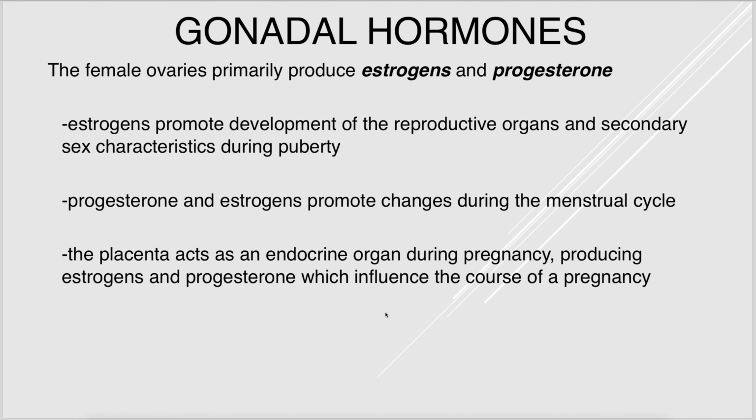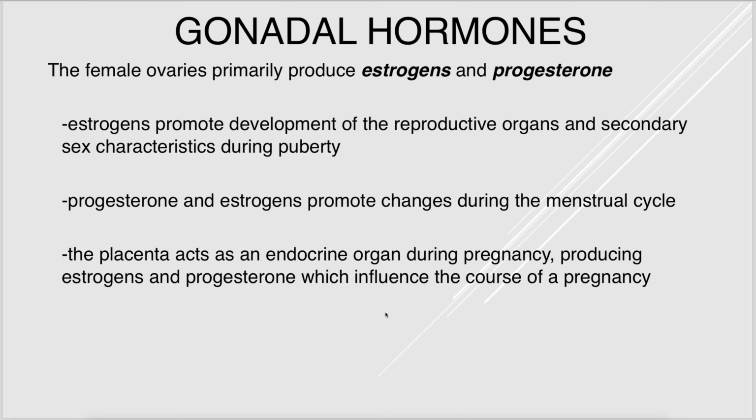The female ovaries are going to produce estrogens, which is a family of hormones, and also progesterone. Estrogens, of course, are important for the development of secondary sex characteristics and development of the reproductive organs. They're also important for release of prolactin. Progesterone and estrogens are both important for the menstrual cycle and the changes that take place, especially in the uterus.